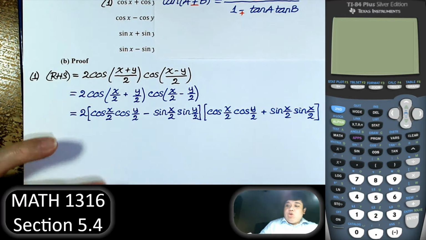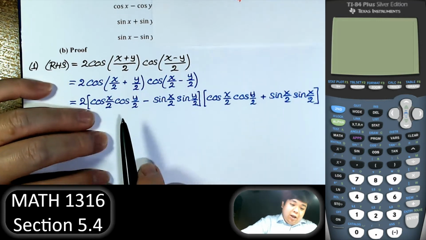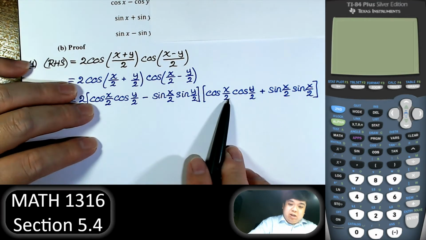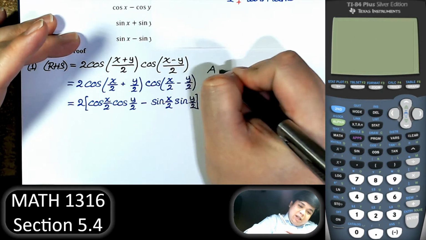Right? And then we multiply them out. This cosine gives us the cosine square, and then of course when we do that, let's just skip a step.